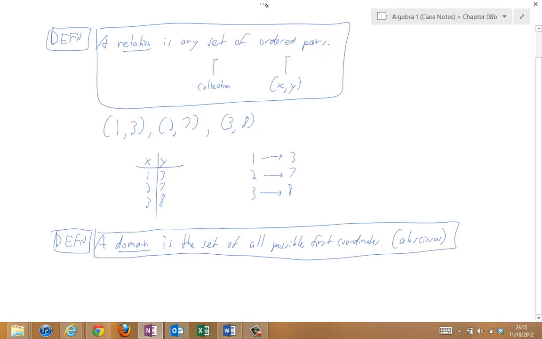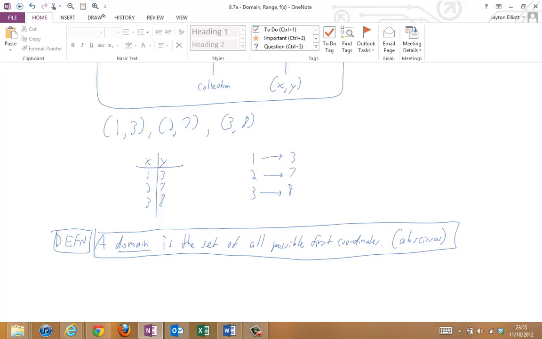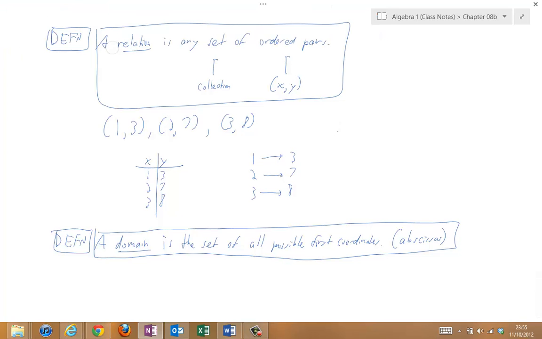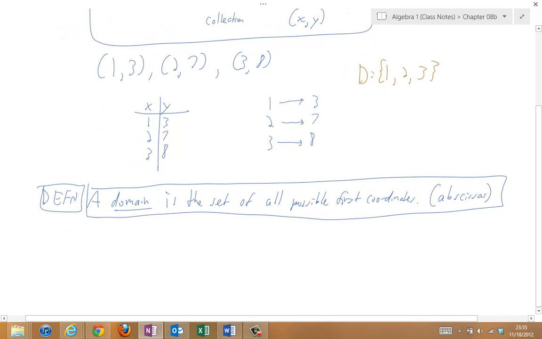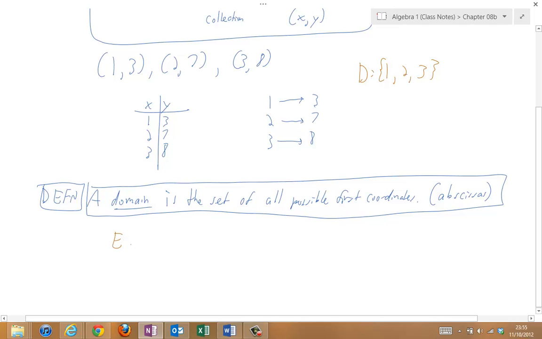So all possible first coordinates. If I look up above, I can say that my domain here was the number 1, the number 2, and the number 3. Those were all the possible first coordinates of the one I did. Another example is I can look at y equal to 2x plus 7. That's a line.